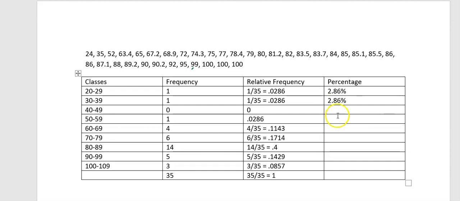Same thing with this one, and 0 scoring in here, 2.86 scoring in here, 11.43% scoring in the D range, 17.4% scoring in the C range, a whopping 40% scoring in the B range, 14.29 scoring in the 90s range, although of course, as far as A's, it's really around 22 to 23% that are scoring A's. And that is our frequency table, relative frequency table, and also an expression of percentages.